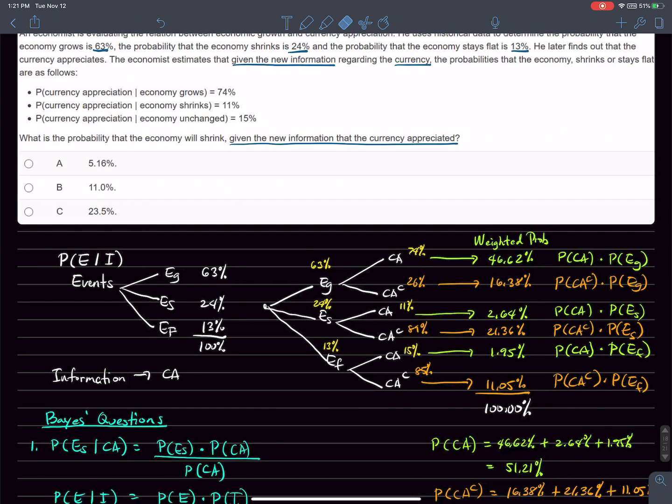How do you write this? How you read it: this one, EG, is probability of economic growth. And over here, you can write it as probability of currency appreciating given that this event occurred, so EG.